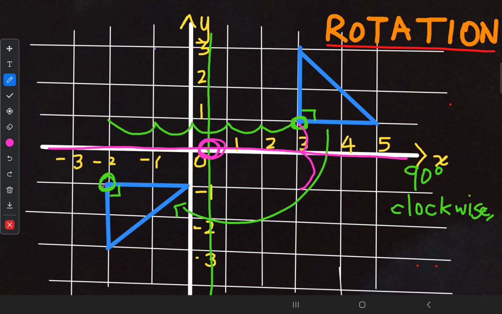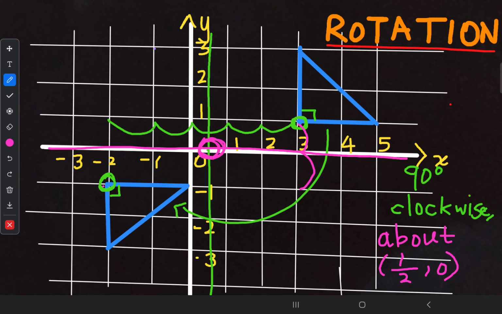So then you should indicate 90 degrees clockwise and about 0.5, or you can use it as half. It's better to use half. Half, comma, 0. About this point only, this is rotating.